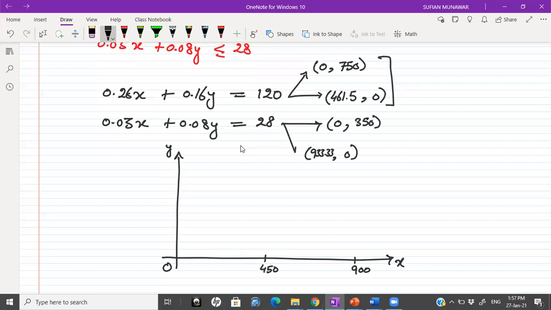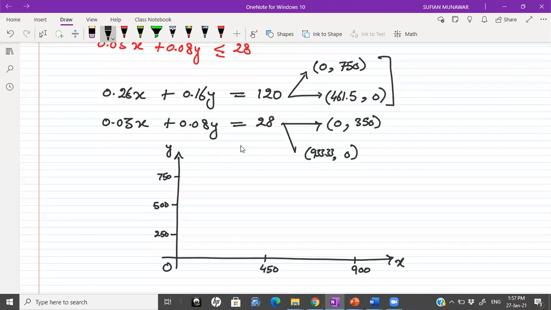On the y-axis, I take 250, 500, and here we have 750.